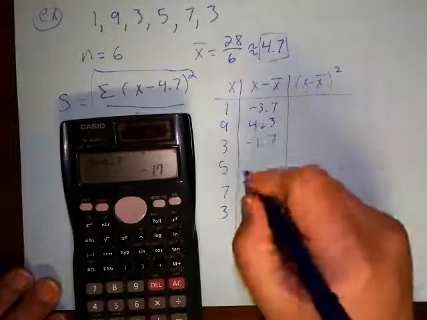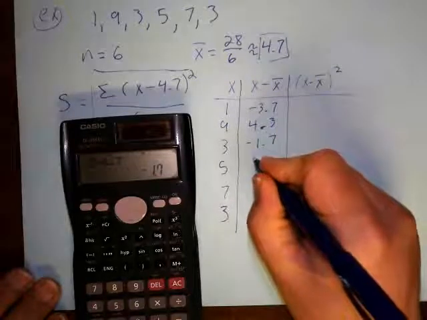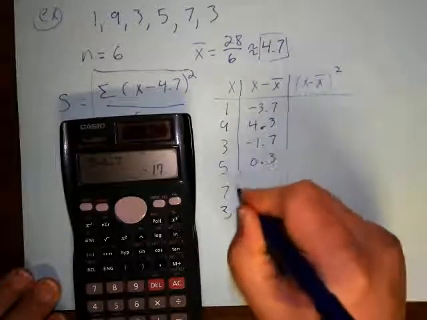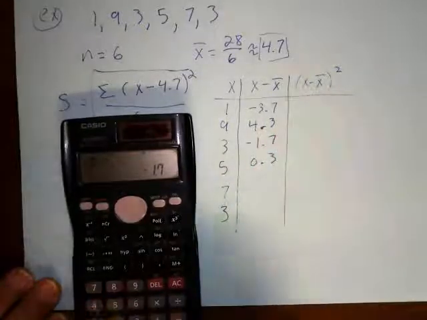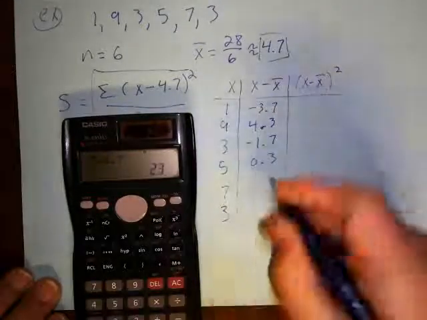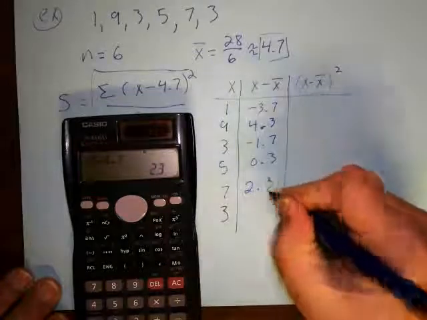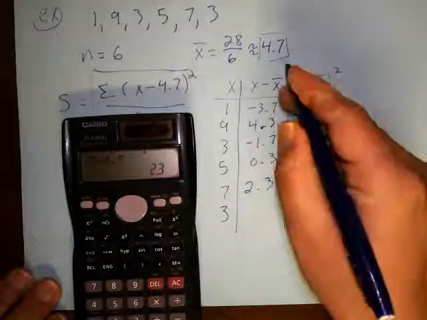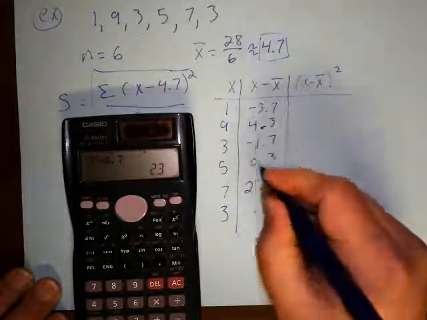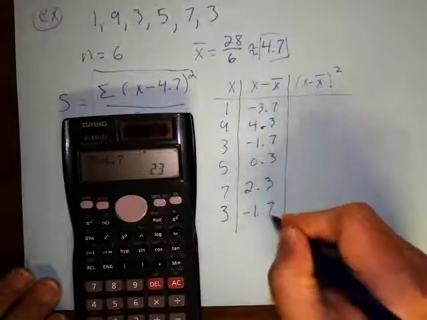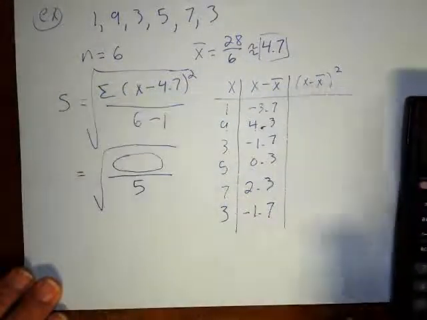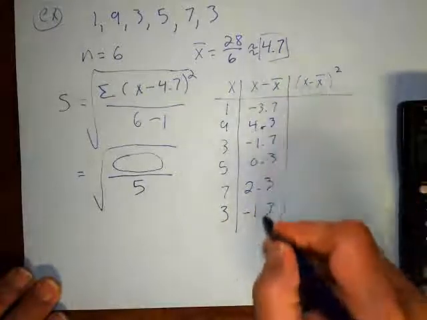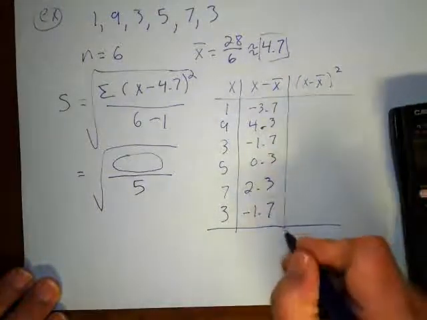And 5 minus 4.7 is 0.3. 7 minus 4.7 is positive 2.3. And then 3 minus 4.7 is negative 1.7. Okay, so just a little messier here because the numbers aren't even.